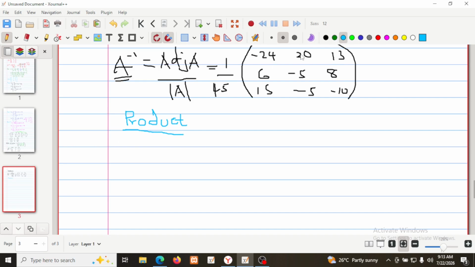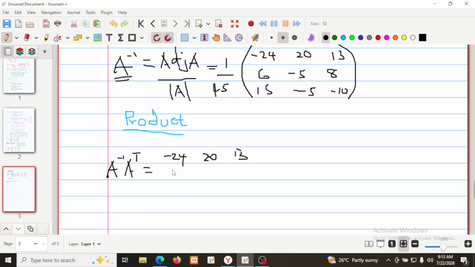I think black color is the best, so we have to multiply the inverse with the transpose. So let's isolate this 1 over 45 first. We calculate negative 24, 20, 20 and 13, like that.